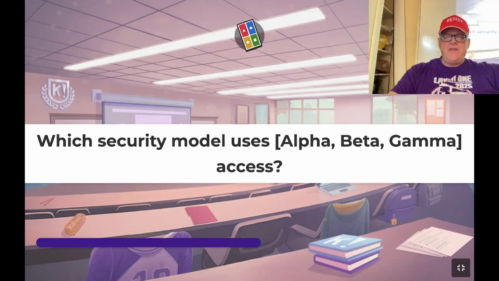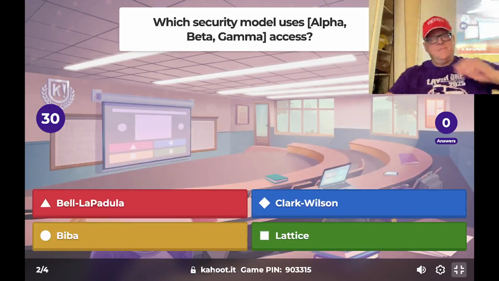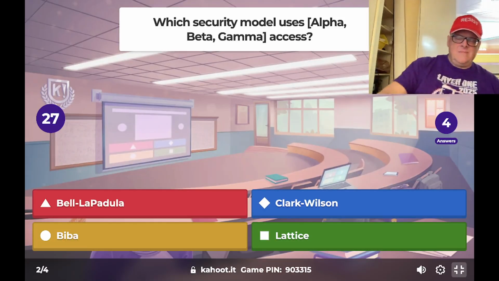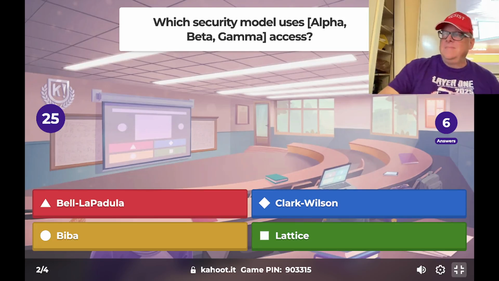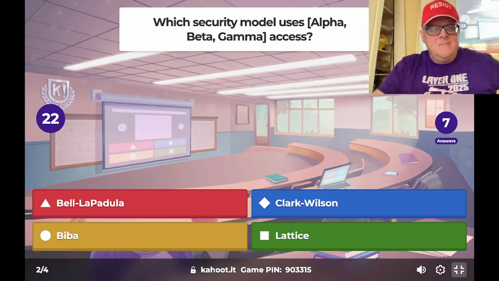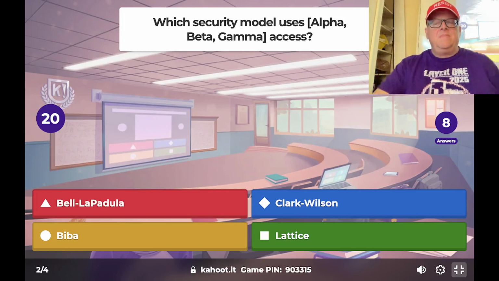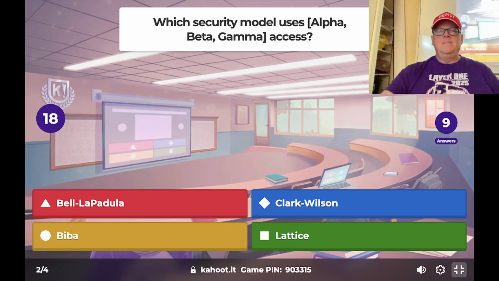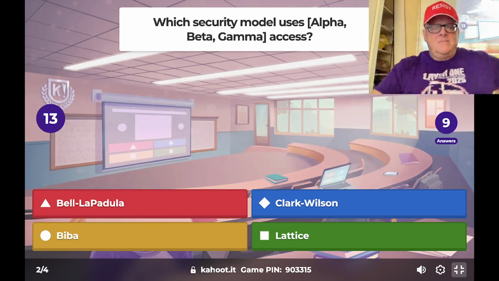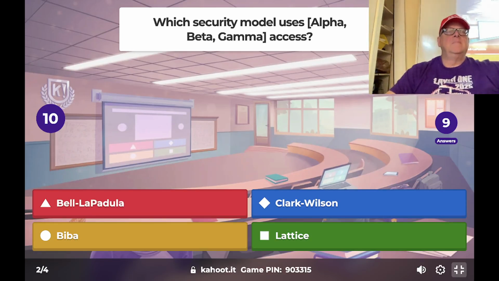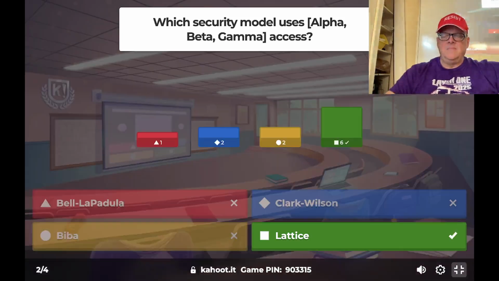All right, which model uses alpha, beta, gamma access? All right, that's the lattice model.